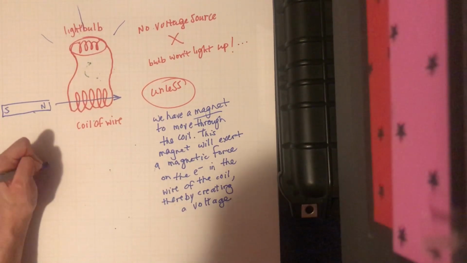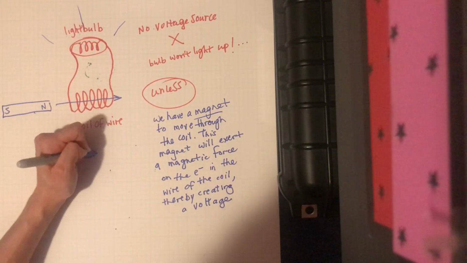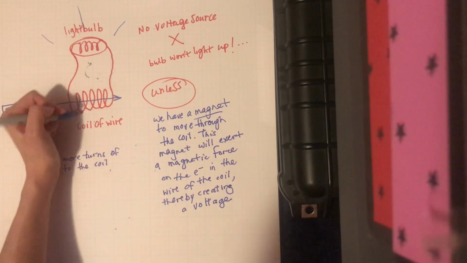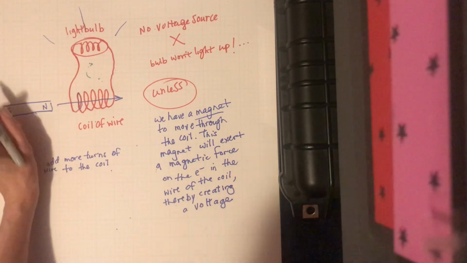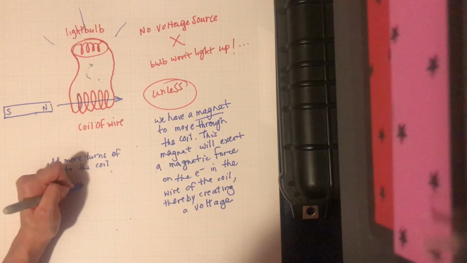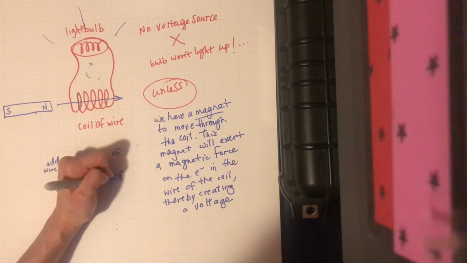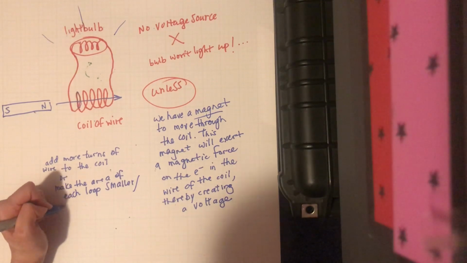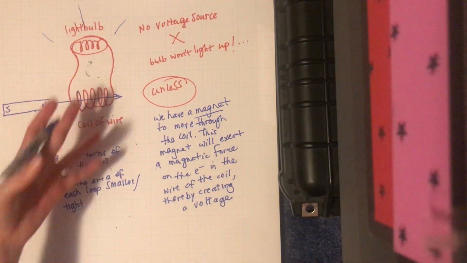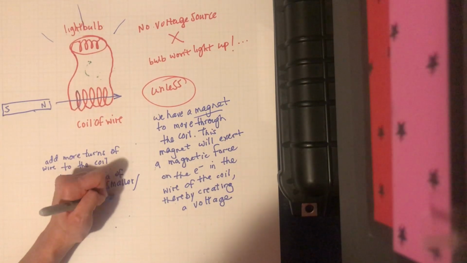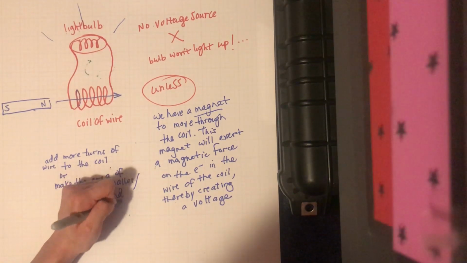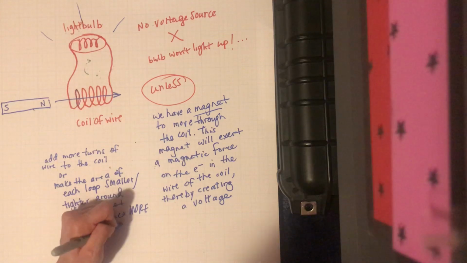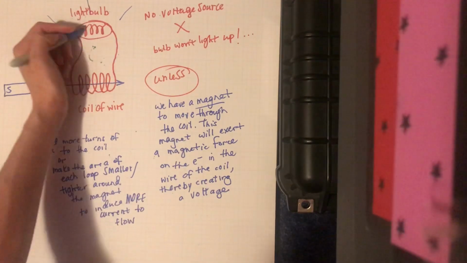We can add more turns of wire to the coil, or make the area of each of these loops smaller to fit more tightly around the magnet, so it experiences a greater magnitude of that magnetic force, to induce more current to flow, or to get that thing lighting up brighter. Okay.